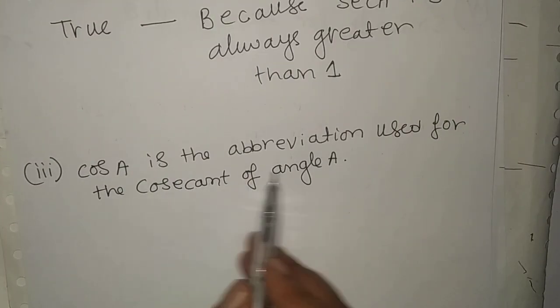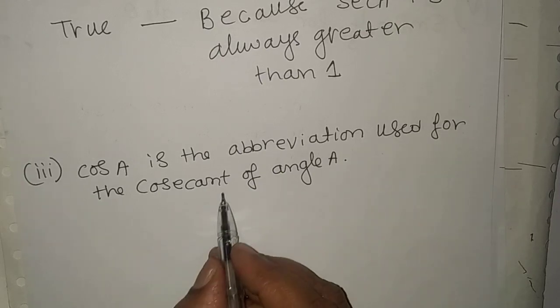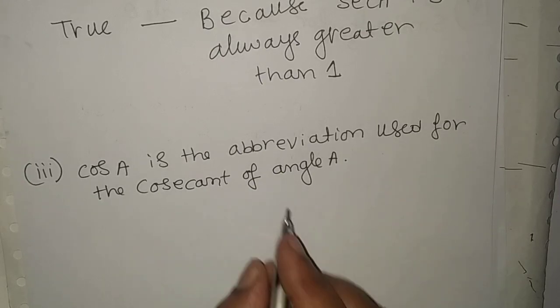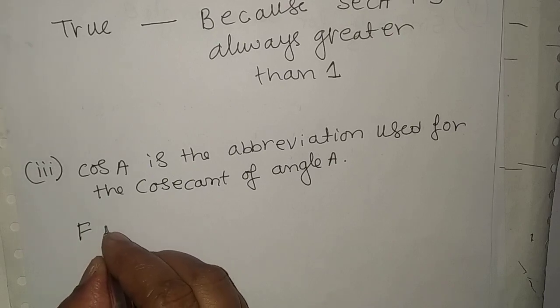Next is, cos A is the abbreviation used for cosecant of angle A. This is false.